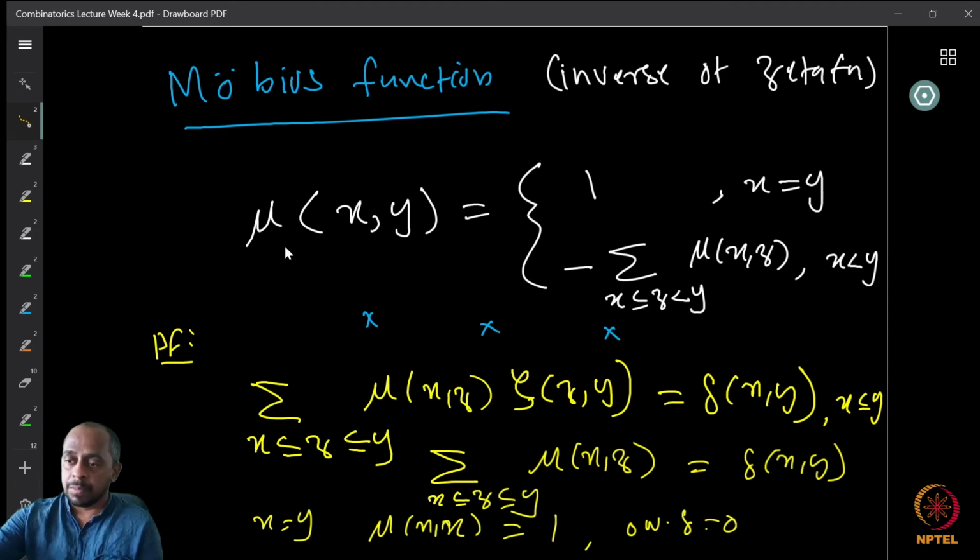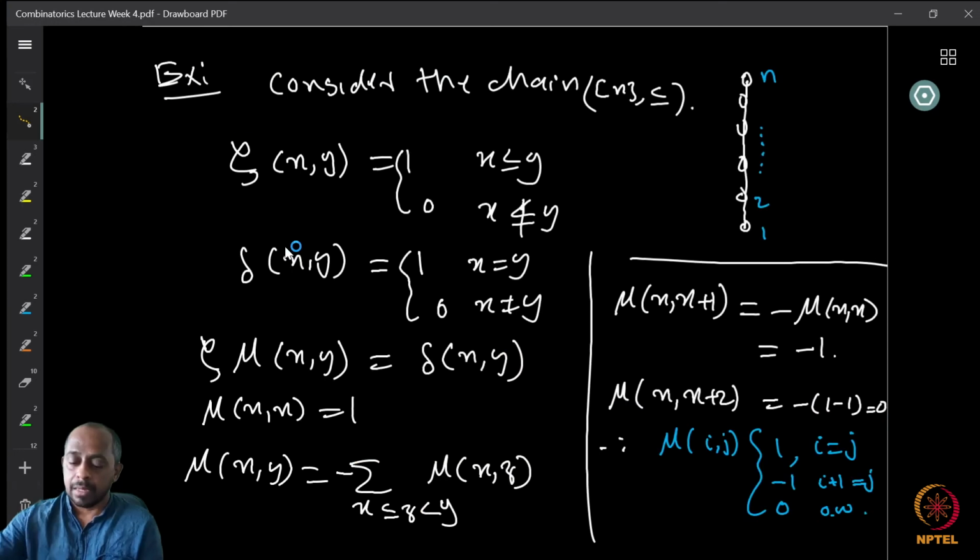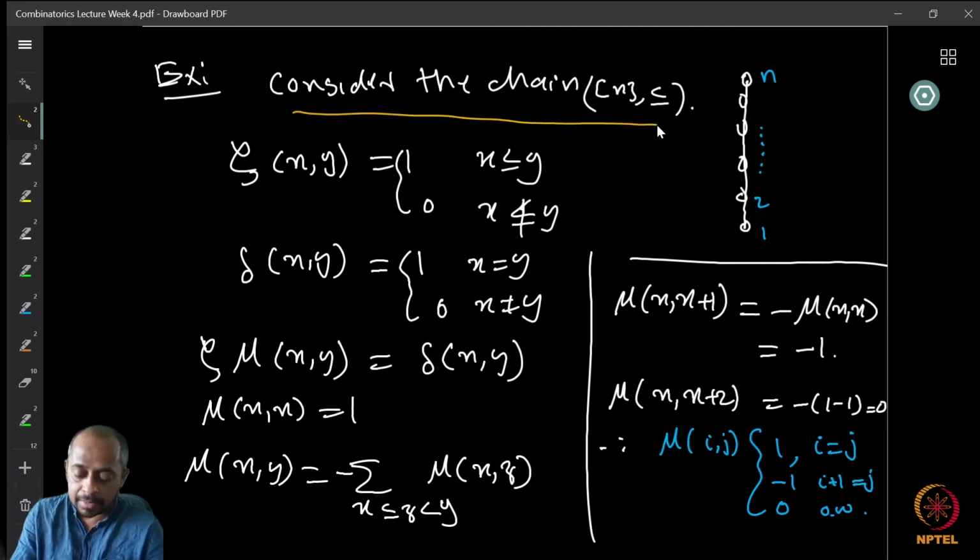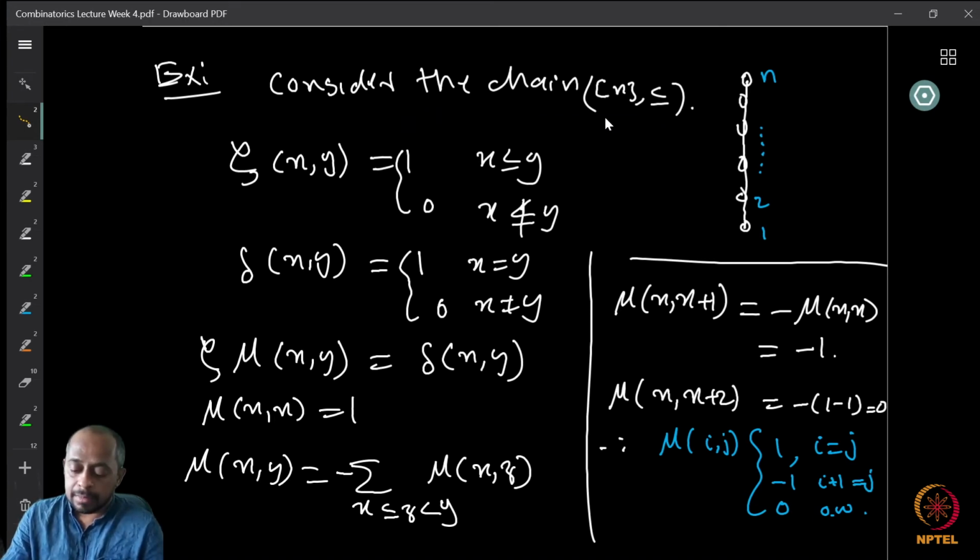So we have the Mobius function, which is the inverse of zeta. Let us look at some examples and try to compute one or two cases of the Mobius function. How to compute the Mobius function? Let us look at the simplest example possible. Consider the chain, let us say the set of integers 1 to n ordered by the usual less than or equal to order, the usual order over the natural numbers.